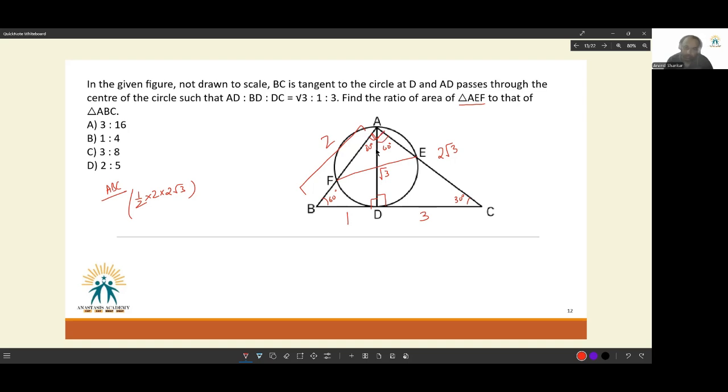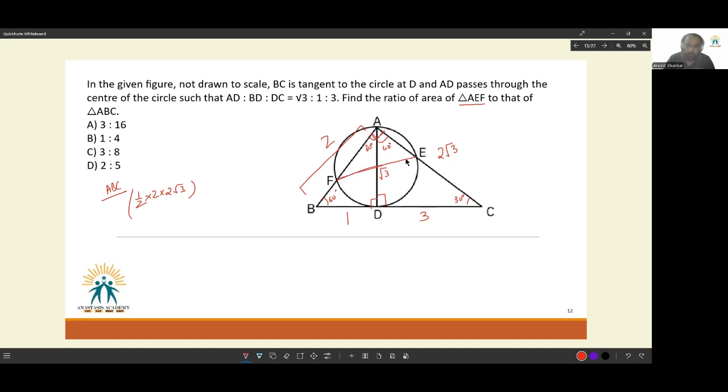This definitely have as 90. AFE. Okay. So see, given that FE is subtending an angle of 90 degree here, it means FE is the diameter. If FE is the diameter, we know diameter AD was equal to root 3.